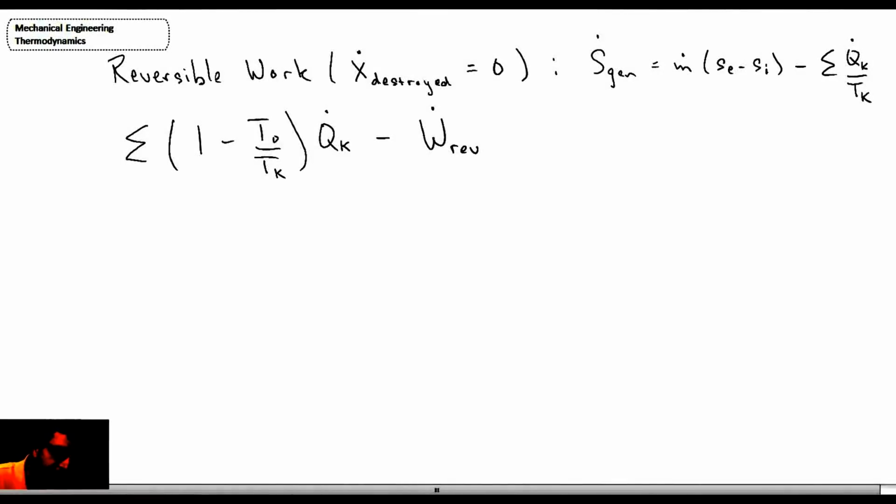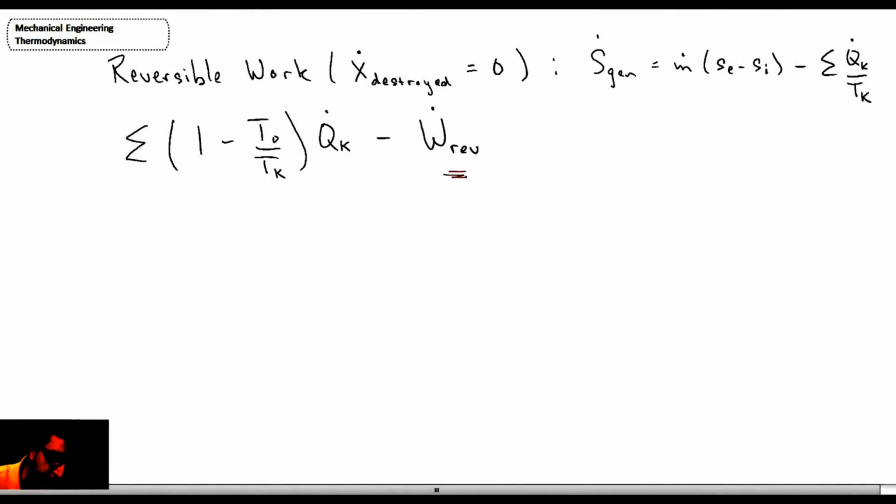However, coming back to our equation for the exergy balance, what we then have is we still have the heat transfer term, which I said is sometimes a tricky one to deal with. Our work term is now reversible work. So notice that I've changed that.